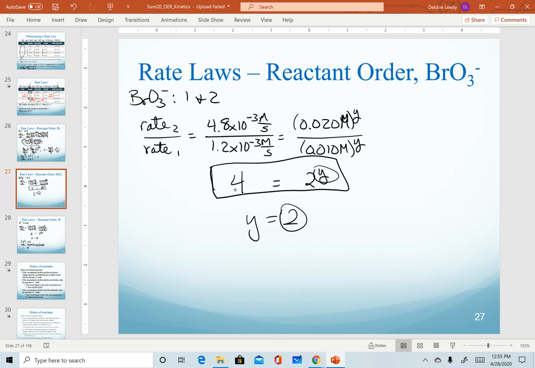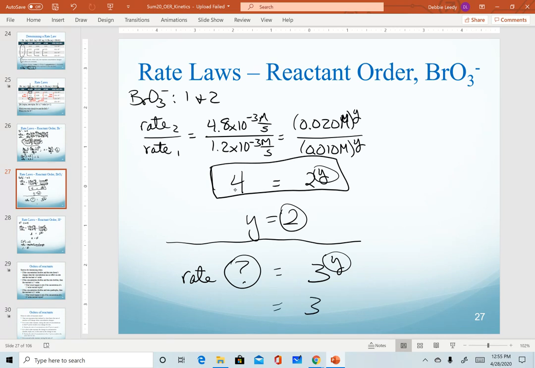So if, for example, my concentration tripled, and this is a second order reactant, what is the amount of change for my rate? Again, remember our orders are exponents. So if I have a second order reactant, the rate of change for my rate would actually be a ratio of 9. Right? So again, orders are exponents here.